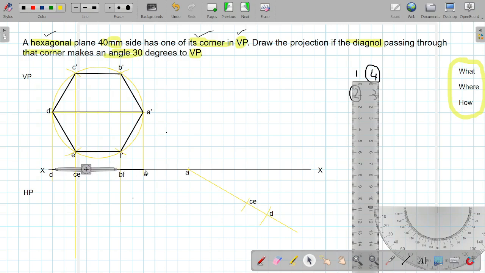You can use A to BF also, but as I am using point D, I will keep the compass at point D now and mark an arc on this. If you are measuring from A to BF, you keep your compass at A and then measure BF. You will get the same point. So this point is BF. So this completes step number 3.